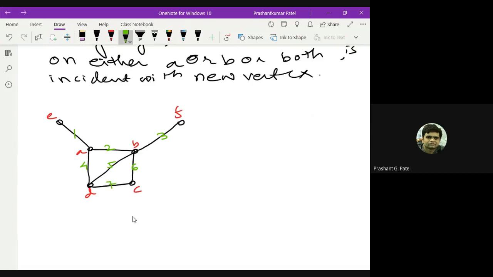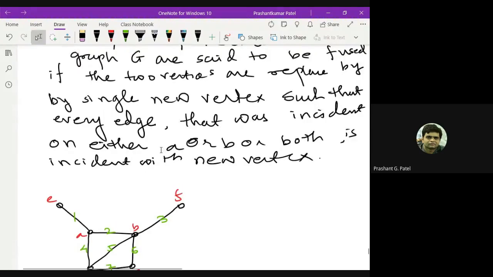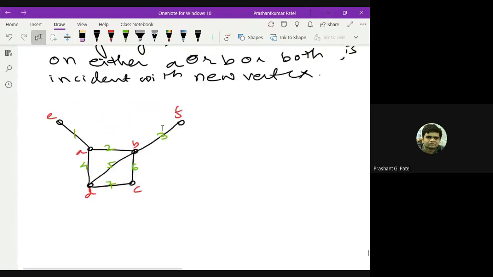So there are 7 edges. Now we have to fuse the vertex A and vertex B. Fuse means you have to make it one, a fusion of the two vertices. So as per the definition, the two vertices will become one single vertex. So this A and B actually become one vertex.